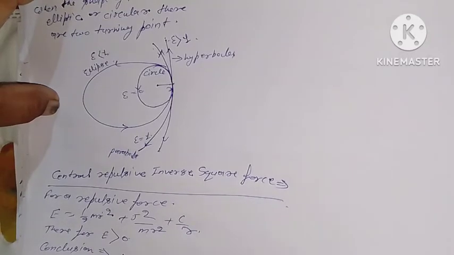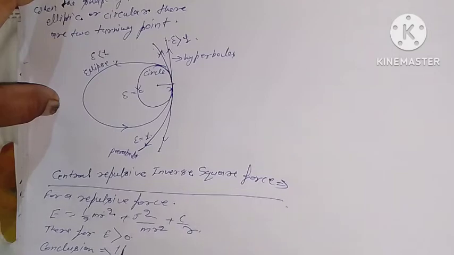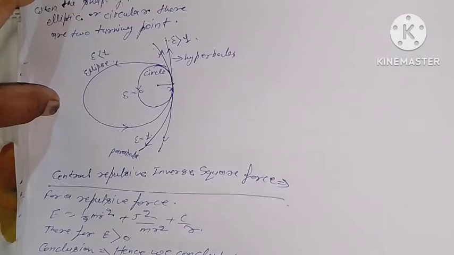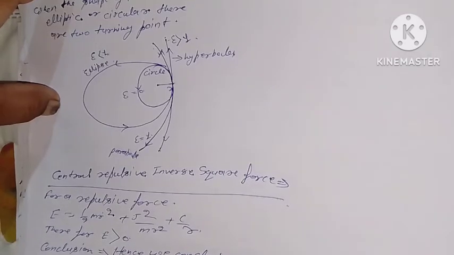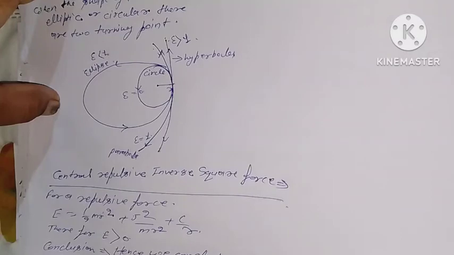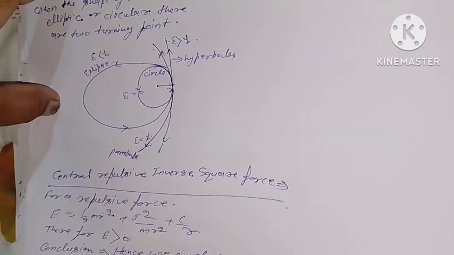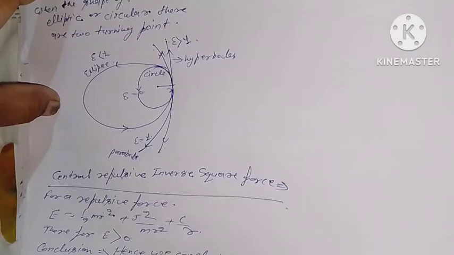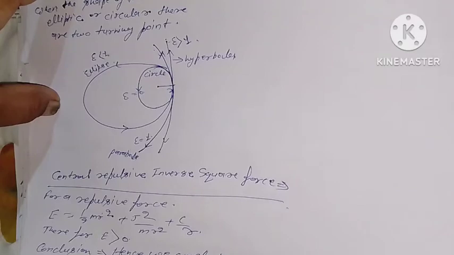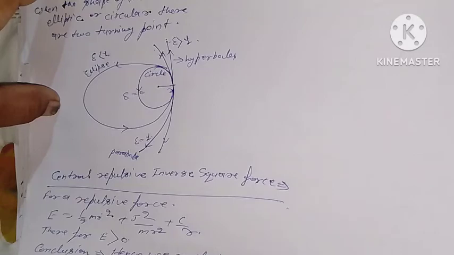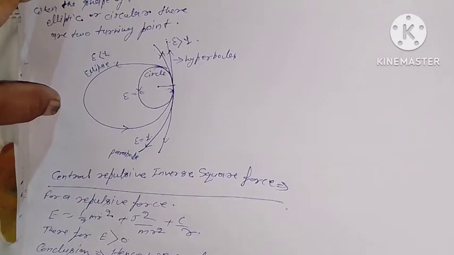Conclusion. Hence we conclude that for an attractive force, E equals 1/2 m (dr/dt)² + J²/(2m r²) minus c/r.